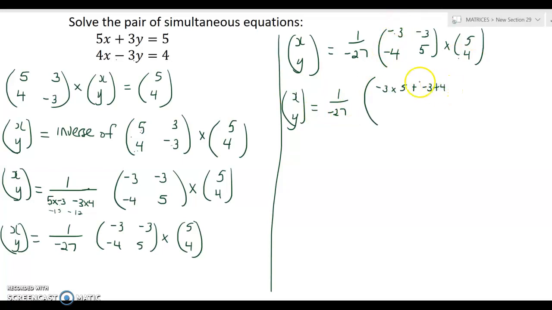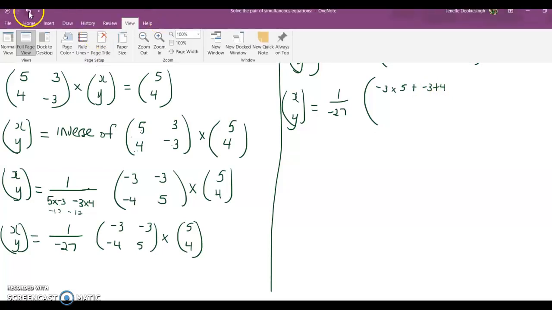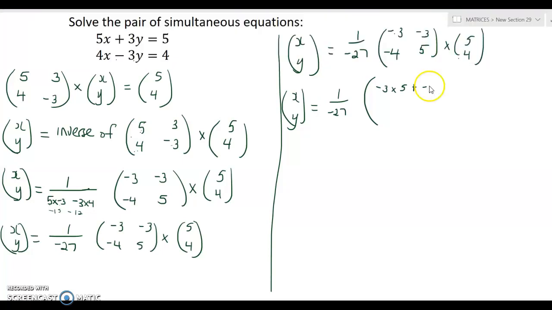Right? There should be a multiplication sign there. Let's just fix that. Right. So minus 3 times 5 plus minus 3 times 4. And then second row by the column, minus 4 times 5 plus 5 times 4.